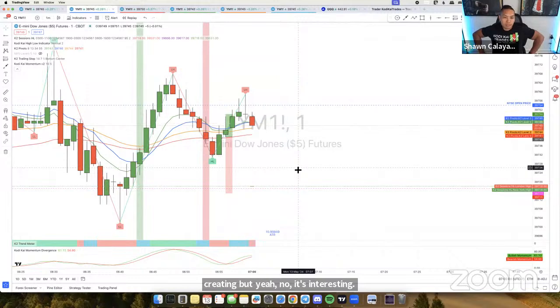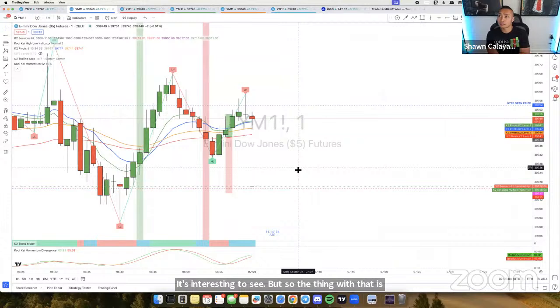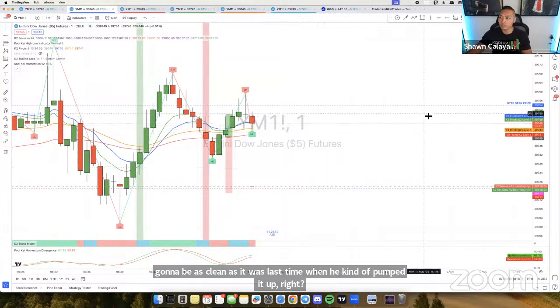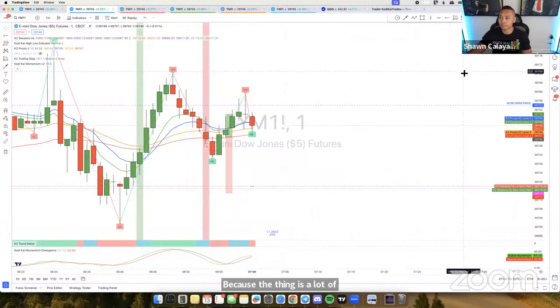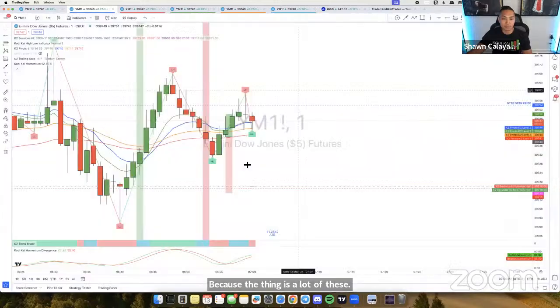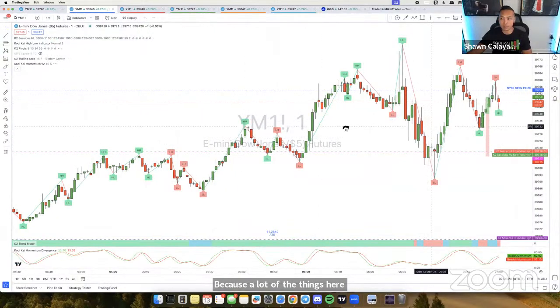But the thing with that is that now that he's back, I don't know how it's going to play out. I don't think it's going to be as clean as it was last time when he pumped it up, right? I'm just refreshing my chart so that it's up to speed.